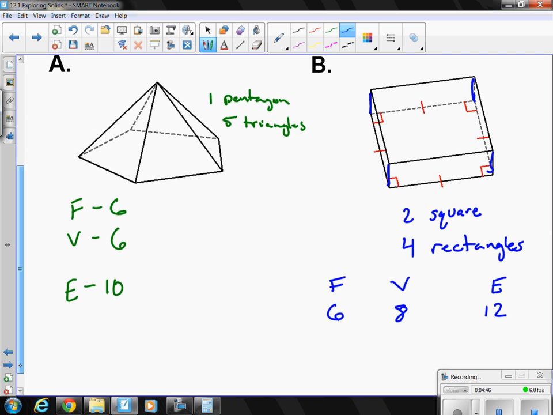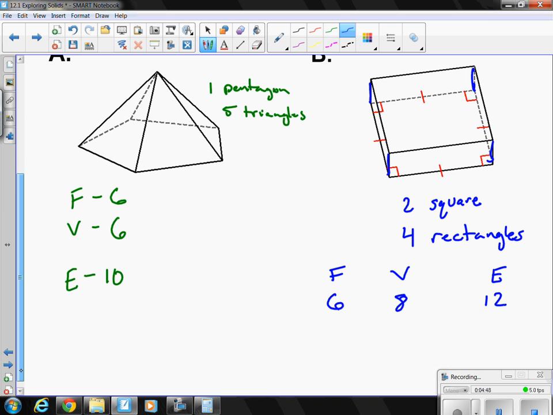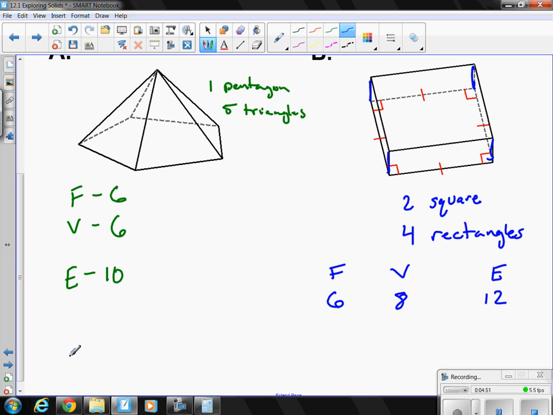Now, there is a theorem named after a mathematician, Euler, so we call it Euler's theorem.